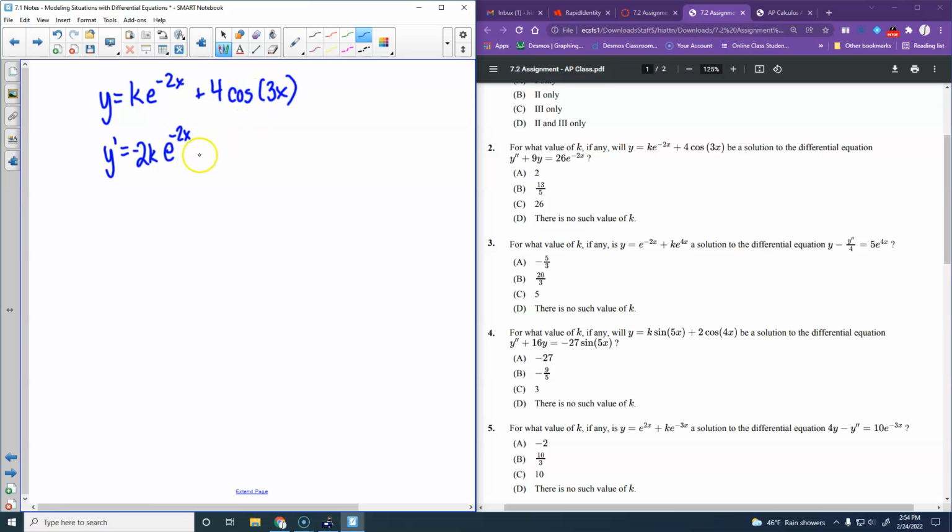Derivative of cosine is negative sine. And you'll have to do the chain rule here. You'll get a 12 cosine of 3. Oh, sorry, that should be sine. Sine 3x. Okay, so there's our first derivative.